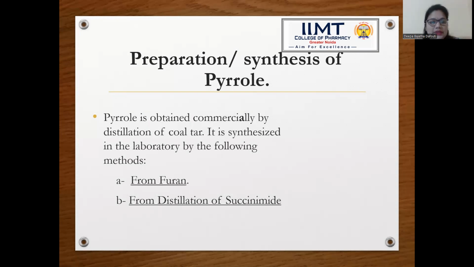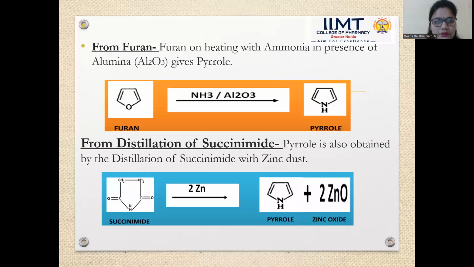The next method is to prepare pyrrole from furan. When we heat furan with ammonia in the presence of alumina, Al2O3, it gives pyrrole.